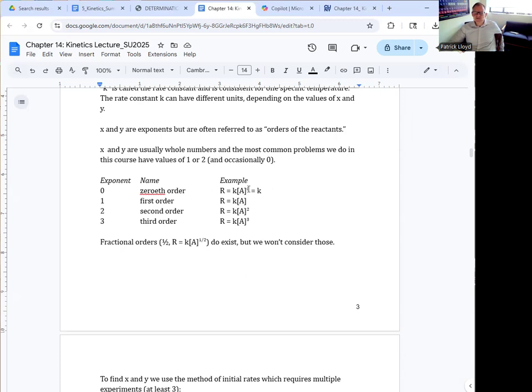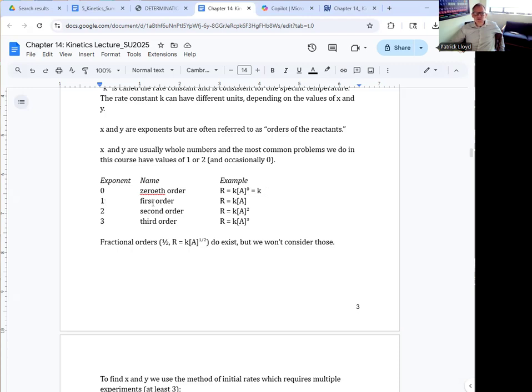So whatever you change the concentration to, you're still going to get 1 for that value, because 1 raised to the 0 is 1, 2 raised to the 0 is 1, 0.2 raised to the 0 is 1. So in that particular case, the rate just becomes k, because k times 1 is just k. So the rate constant is actually equal to the rate in a zeroth order reaction, and that does happen.